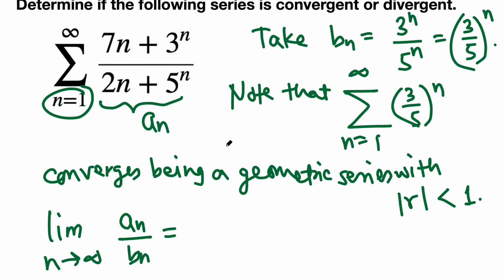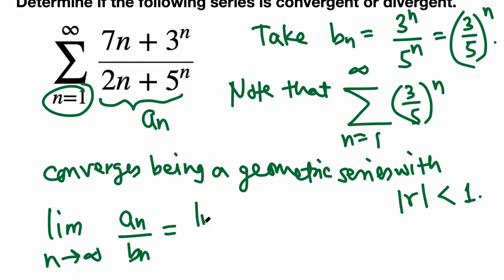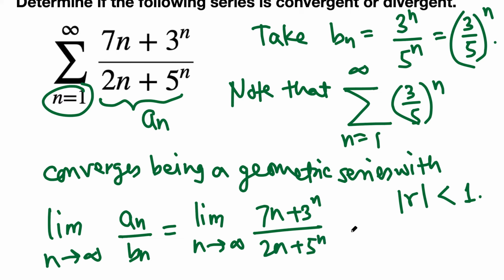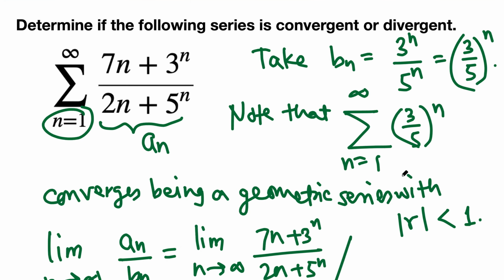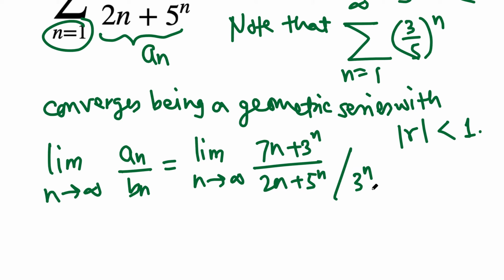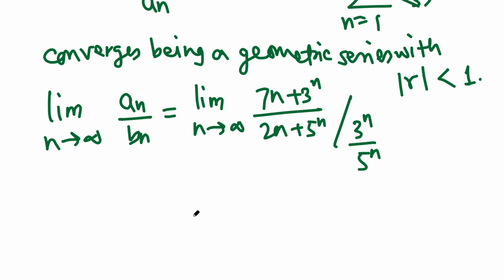So let's do that. a_n is the whole chunk, (7^n + 3^n) over (2^n + 5^n), divided by b_n. b_n is (3/5)^n, and we can take this or this, same thing. Let's evaluate this limit.